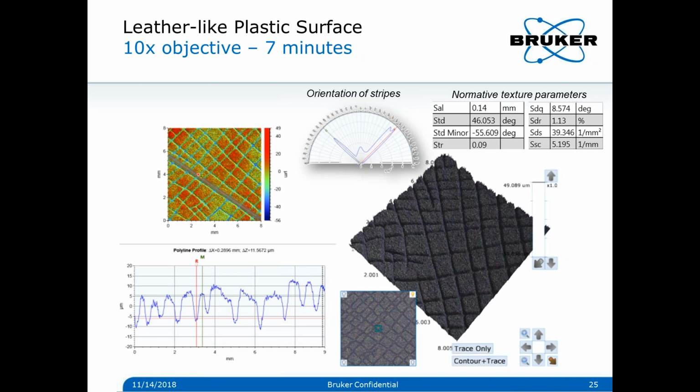For perception in, let's say, a car dashboard, it is understood that through 3D measurements we can correlate how shiny or matte a surface is just by looking at how the grooves of that leather-like plastic are made and the roughness on the top, for instance. But this requires covering a large enough surface, which is here around 8 by 8 millimeters.